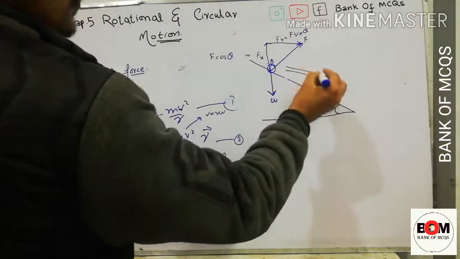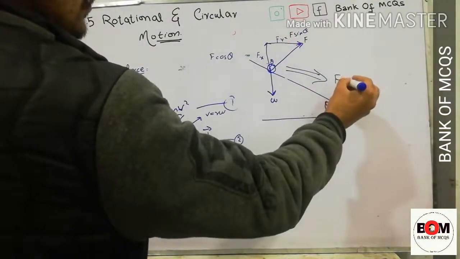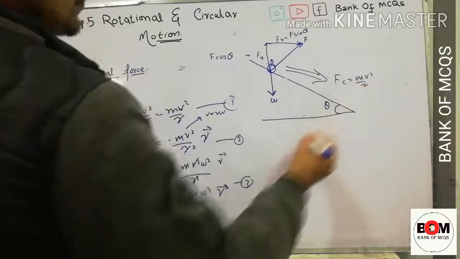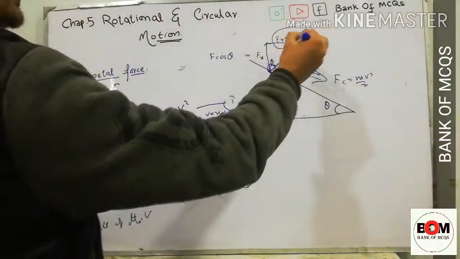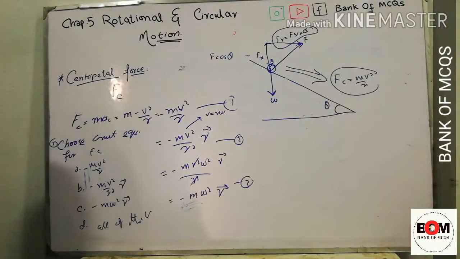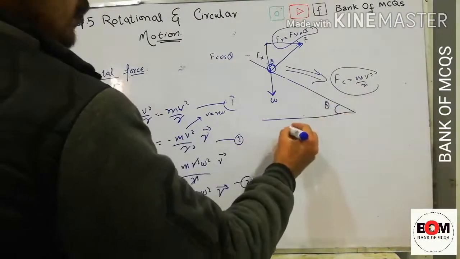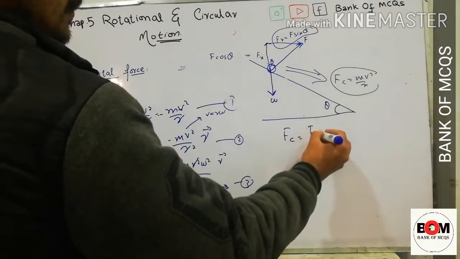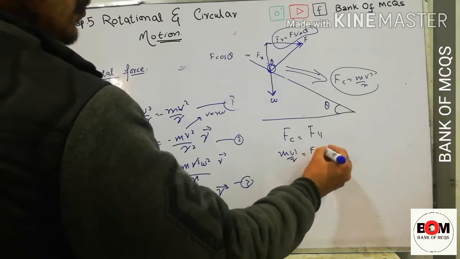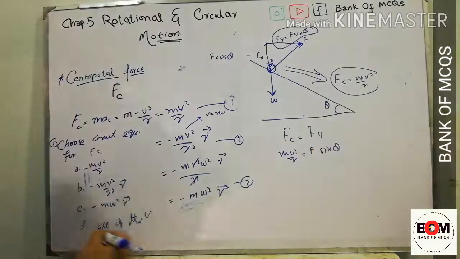Centripetal force is toward the inside, towards the center, so Fc is equal to mv square divided by r. F sin theta and Fc are in the same direction, so centripetal force is due to the vertical component: mv square by r is equal to Fy, which is F sin theta.